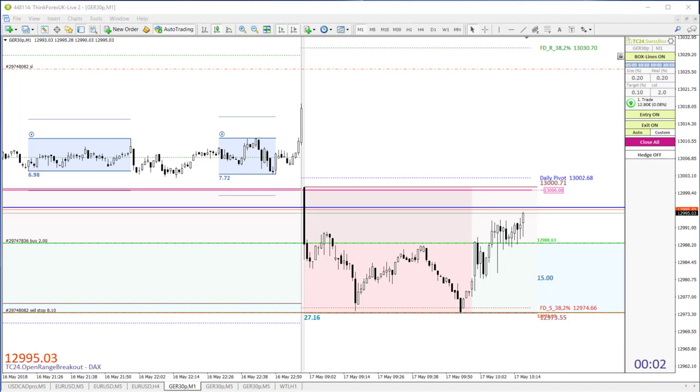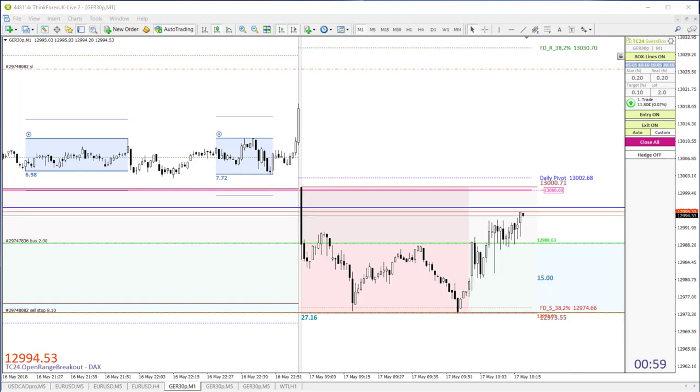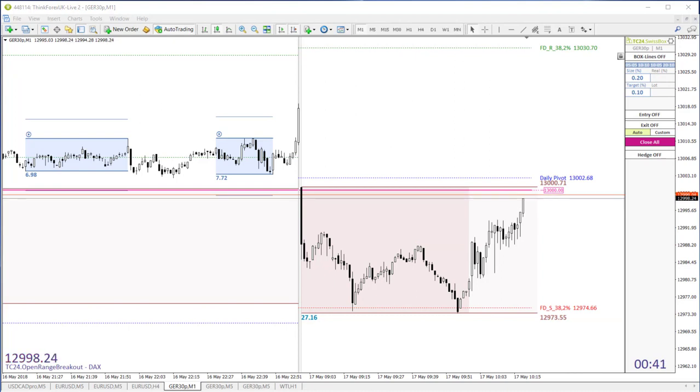Now 2 more points to go, and we are looking at consecutive winning trade number 397. One more point to get us, and that's it.